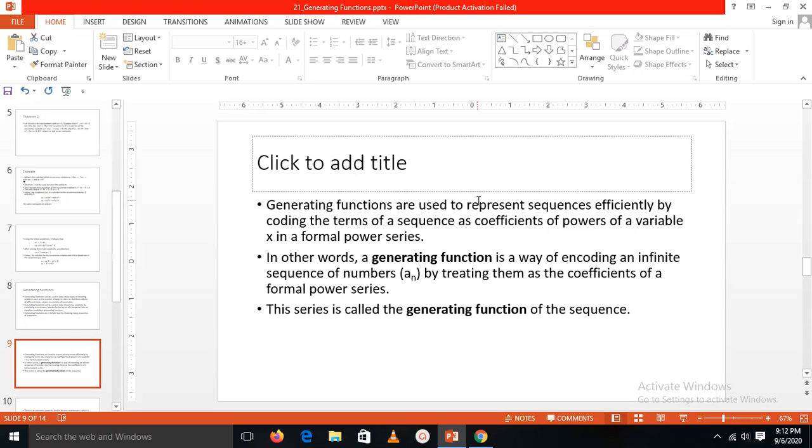In other words, we can say that a generating function is a way of encoding an infinite sequence of the numbers an by treating them as the coefficients of a formal power series. And this formal power series is nothing but our generating function of the sequence.